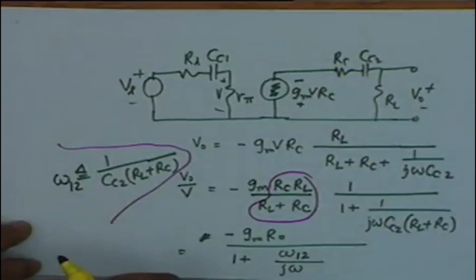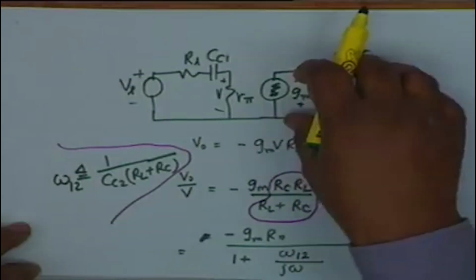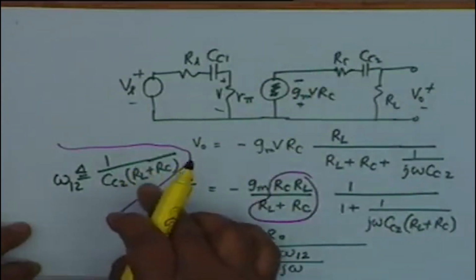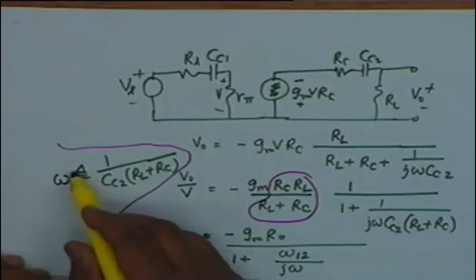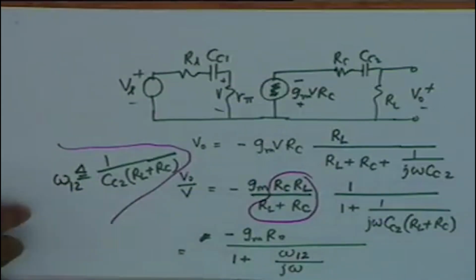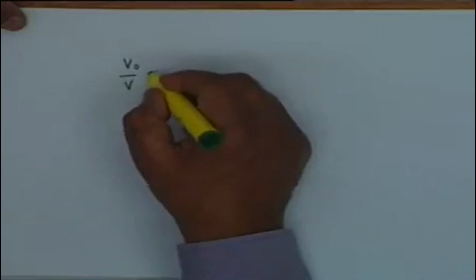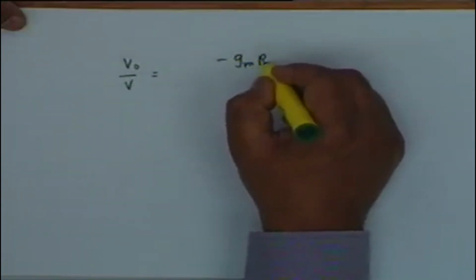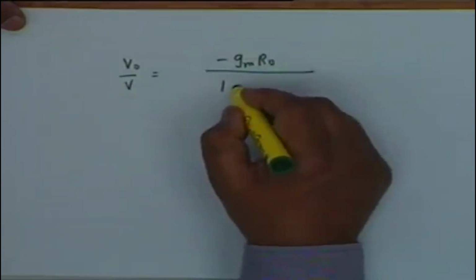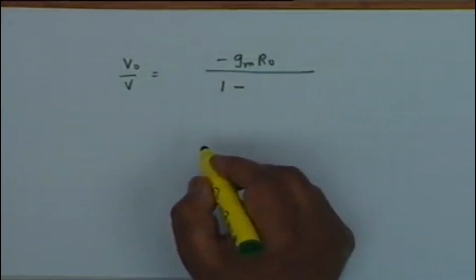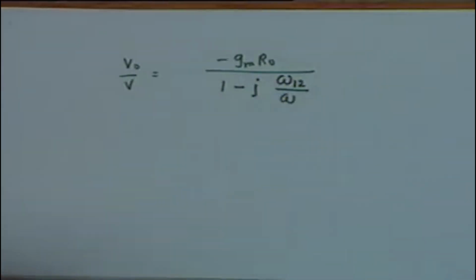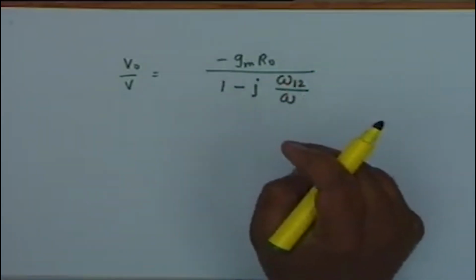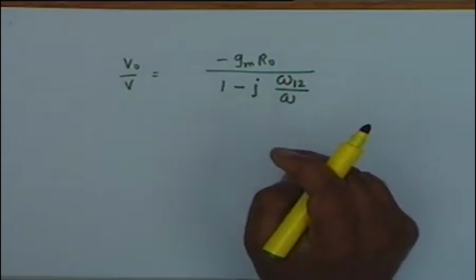RC and RL are in series, and therefore the time constant of the output circuit is given by CC2 RL plus RC, and the reciprocal of that I give the symbol omega 12. Then my V0 by V becomes minus gm R0 divided by 1 minus, now I take j up, 1 minus j omega 12 divided by omega. All right. This is the low frequency gain as far as the output circuit is concerned.